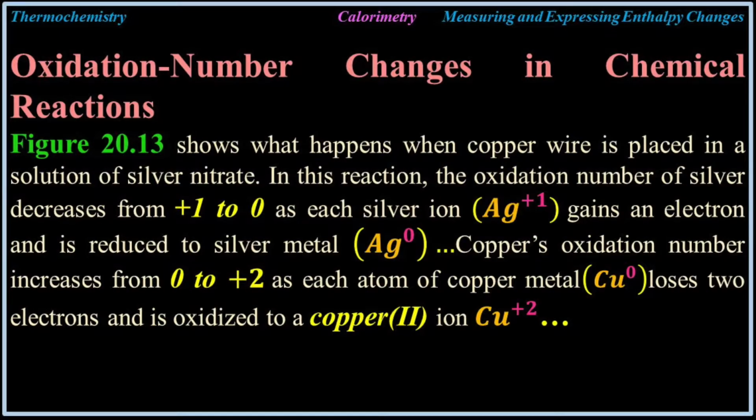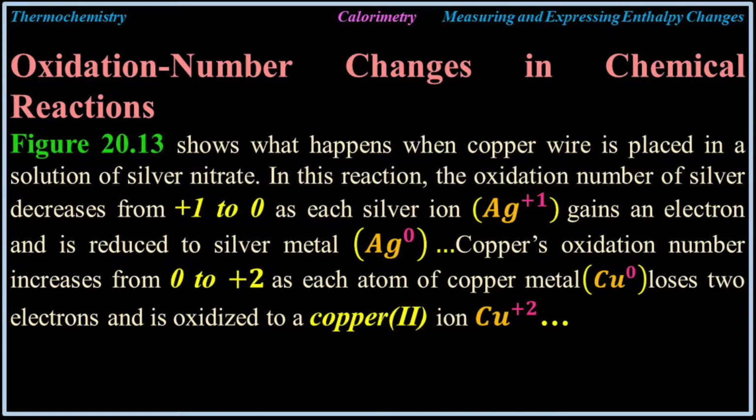Oxidation number changes in chemical reactions. Figure 20.13 shows what happens when copper wire is placed in a solution of silver nitrate. In this reaction, the oxidation number of silver decreases from +1 to 0 as each silver ion gains an electron and is reduced to silver metal, Ag, with a 0 charge.